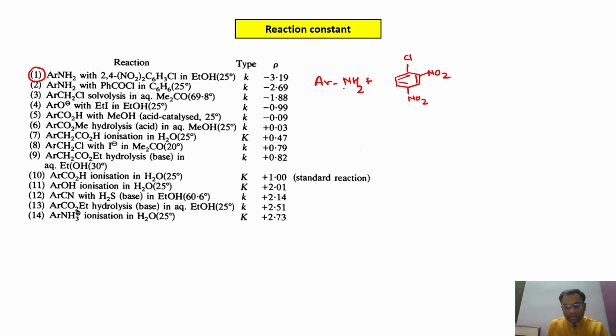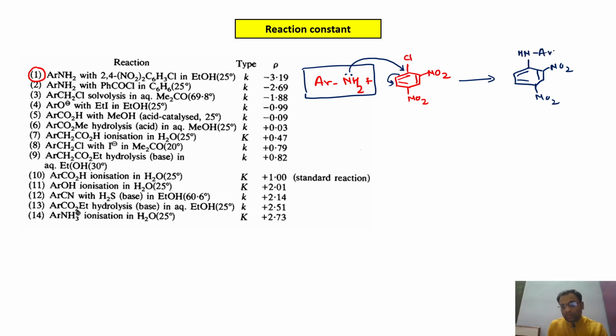Aromatic amine is considered as the reactant, and in this reaction the lone pair of this aniline is going away from the reaction center, and by an addition elimination mechanism we have a substituted product.